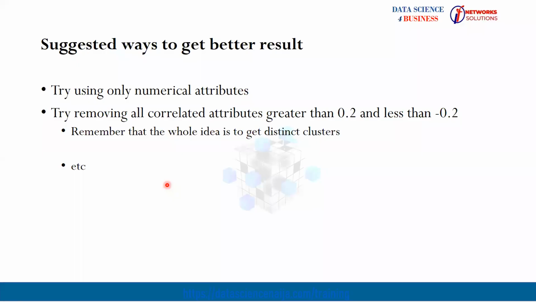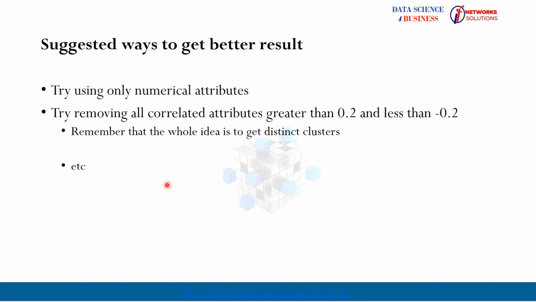There are suggested ways that we could have used to improve the result of our clustering. That's an exercise for you to try: remove some of those attributes and see whether you can get better separation when you visualize it using the profile plots, that's the line plot.